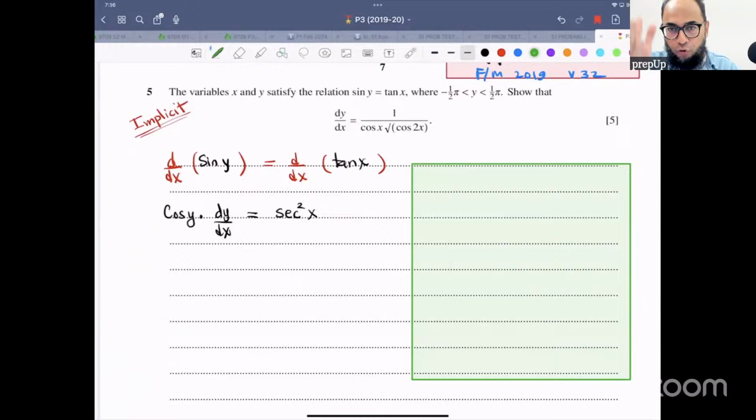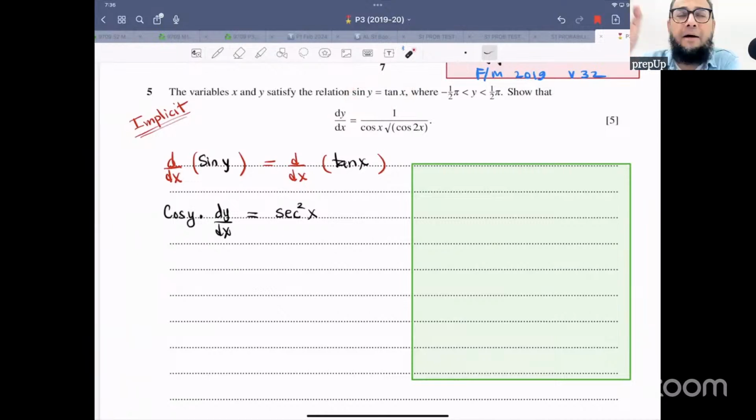So now what is happening over here? I need to look at this relationship and somehow involve cosine over there. So now let's think of all the things that have cosine in it.